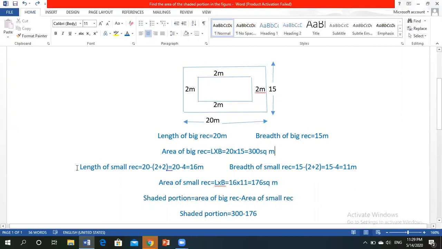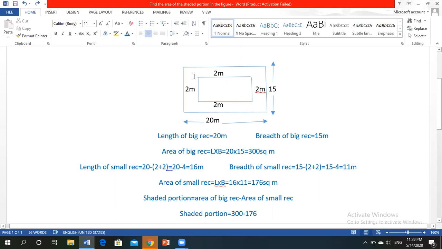Now what is the length of the small rectangle? We don't know the length of the small rectangle. We have to find it, and we can find it by adding the length of the shaded portion from one side and the shaded portion from the other side.